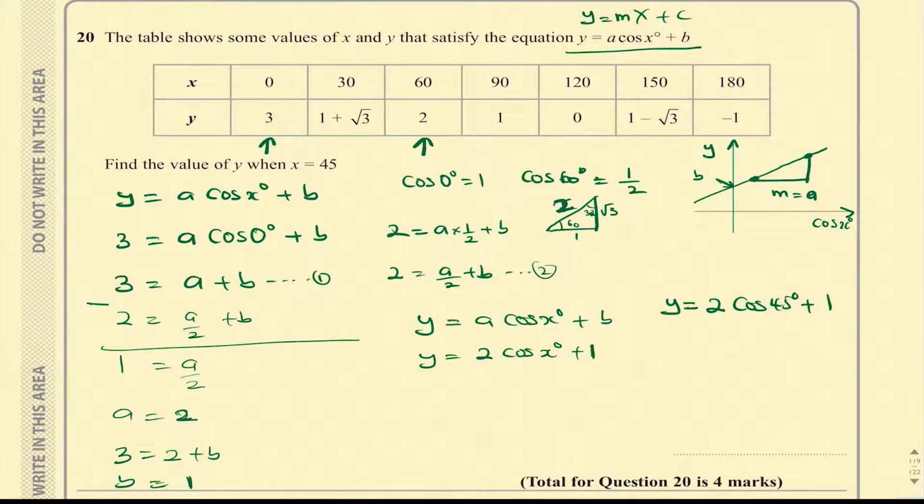But I do know cos 45 is, from half a square, where this is 1, and that's root 2. That's 45. So cos 45 equals 1 over root 2. And if you rationalize the denominator, you get that to be equal to root 2 over 2.